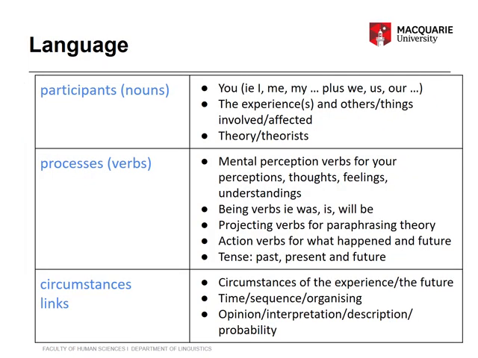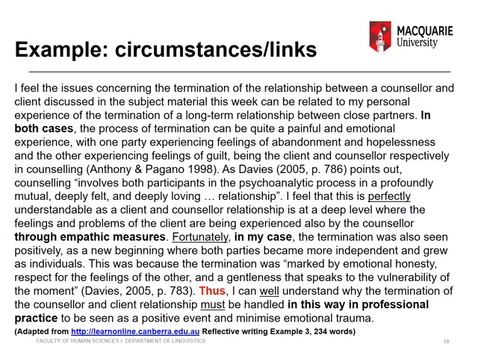Now let's look at the circumstances and linking words. Circumstances are circumstances of the experience and future practice. They relate to location, so for example in birth cases or in professional practice, and also how, so through empathic measures or in this way.